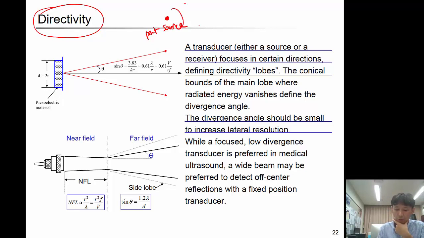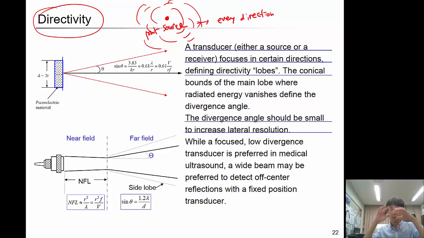So the wave will propagate in every direction, like a spherical wavefront. But when you have this kind of piezo material with the disc type, then you have some directivity like this.